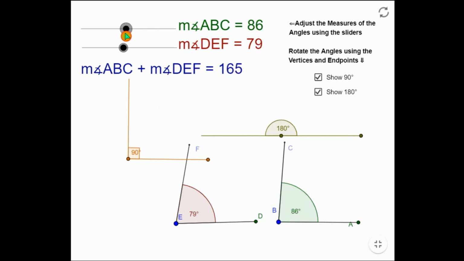So, if I will be asking you, are these two angles complementary? No, because their sum is 161. Complementary angles should be 90 degrees. Are these two angles supplementary angles? The answer is no, because supplementary angles should be 180 degrees.